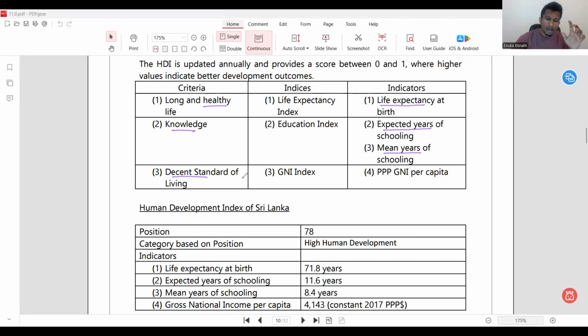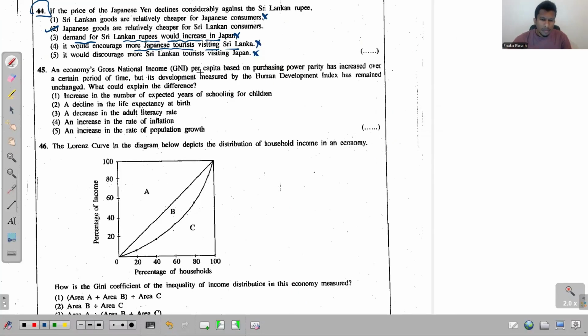And the decent standard of living is evaluated based on purchasing power parity per capita GNI. So if you go back to the question, it says that the GNI per capita based on purchasing power parity has increased, but nothing happened to the Human Development Index.